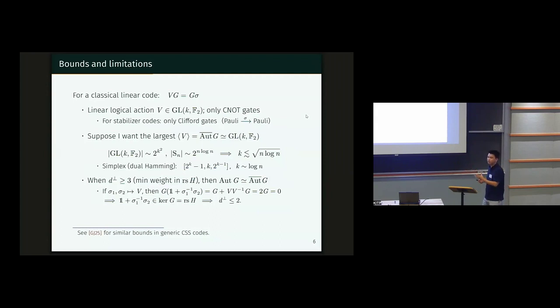Do you have any results on lifted or balanced products? Generically for a balanced product code, if the group is abelian, then you would still retain that group as this graph automorphism.